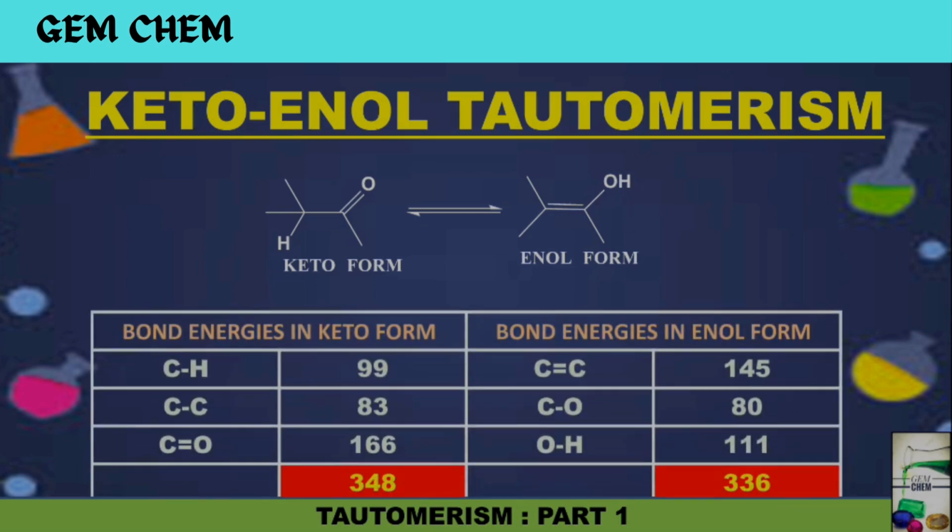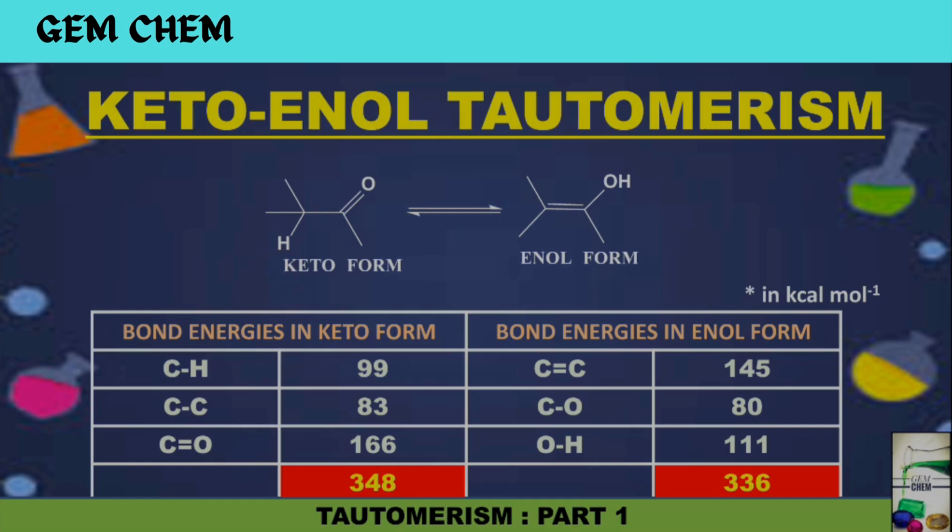So if we look into the bond energies in the keto form as well as the enol form and find out the total, we see that there is a difference of 12 kilocalorie per mole between the bond energies of the keto form and the enol form. As a result, we can conclude that the keto form is thermodynamically more stable than the enol form. So this is the reason why we see the major portion of these particular molecules in the keto version.